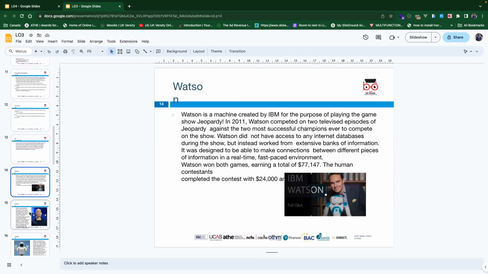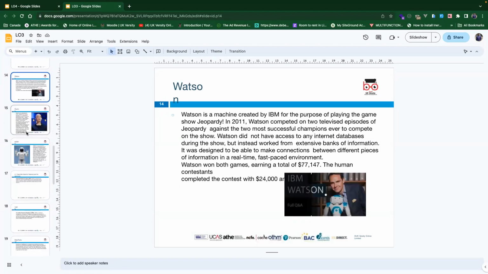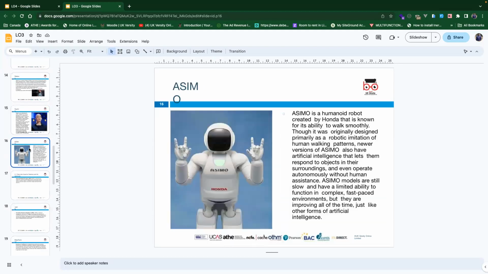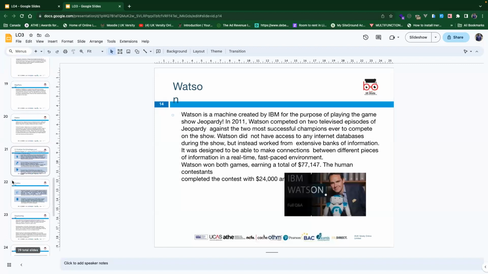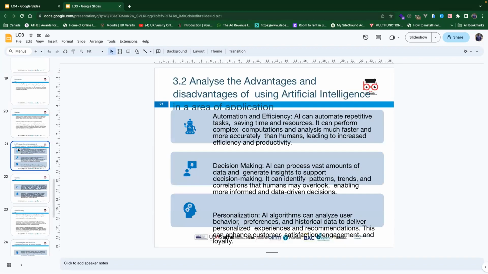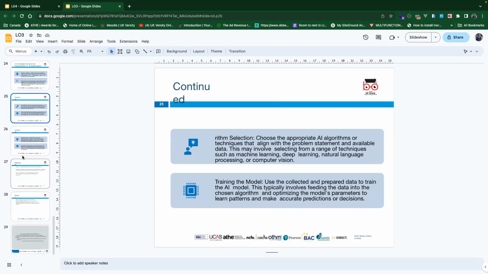We spoke about a popular AI system out there. We spoke about AI systems such as Sophia, Asimo, Watson, and so on. We also spoke about the advantages and strategies of using artificial intelligence in the area of application, among other things.